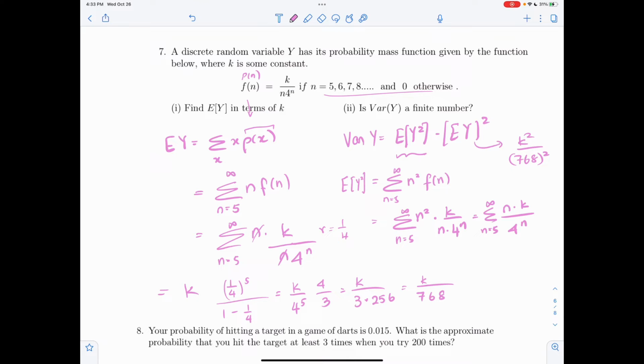You know that this series converges. And thus you have that the expected value of Y squared is finite, and you know that the expected value of Y whole squared is finite, so the variance is finite, okay?